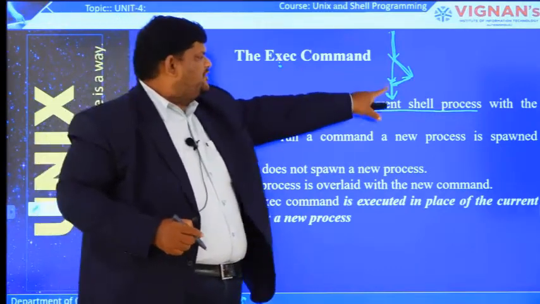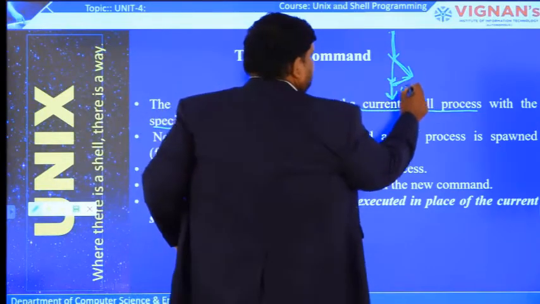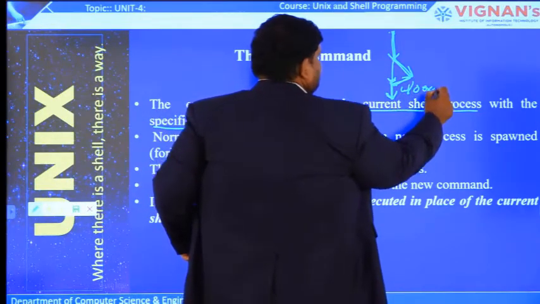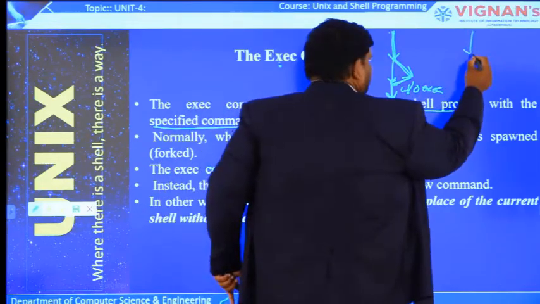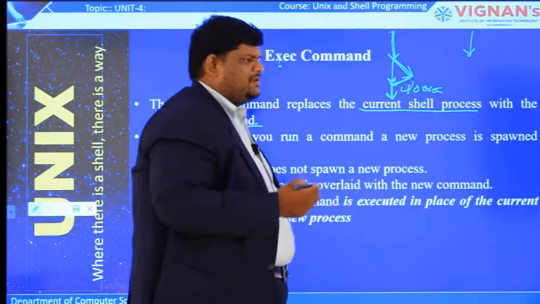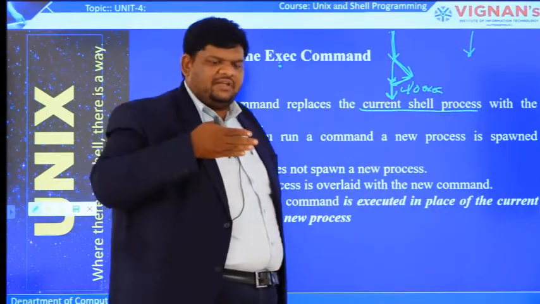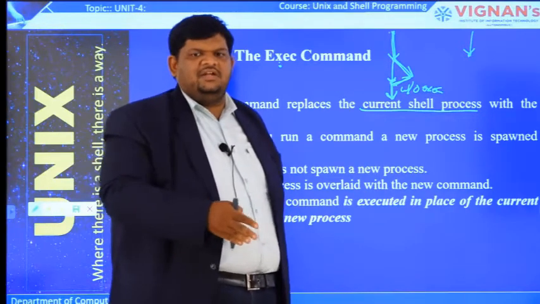Now see this difference: this is without the exec command. Now let us see what happens with the exec command. This is the same normal flow. At this junction, based on some requirement or some command, there is a chance of creating a new process, giving birth to a child process.